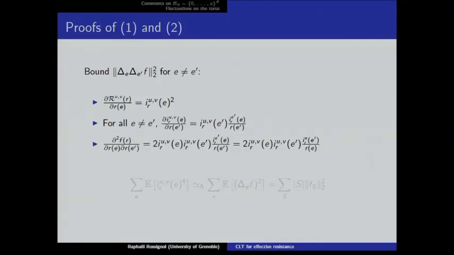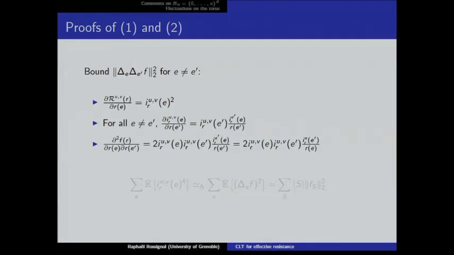If we want to differentiate twice, we differentiate this optimal flow at E with respect to another resistance, and this makes appear the optimal flow at E prime times IR E prime of E over R of E prime. I recall to you that this is the optimal flow from E prime minus to E plus.